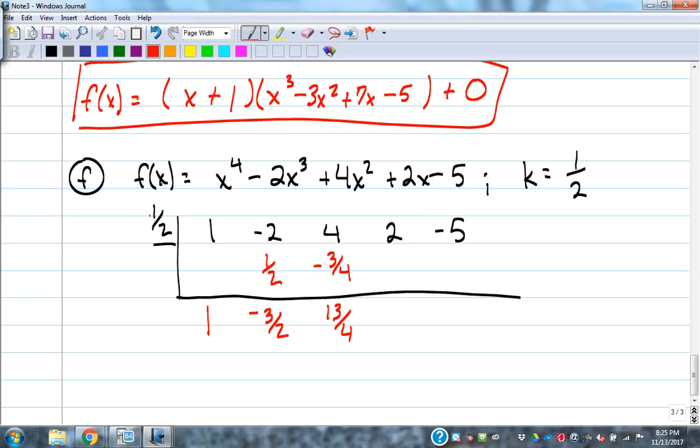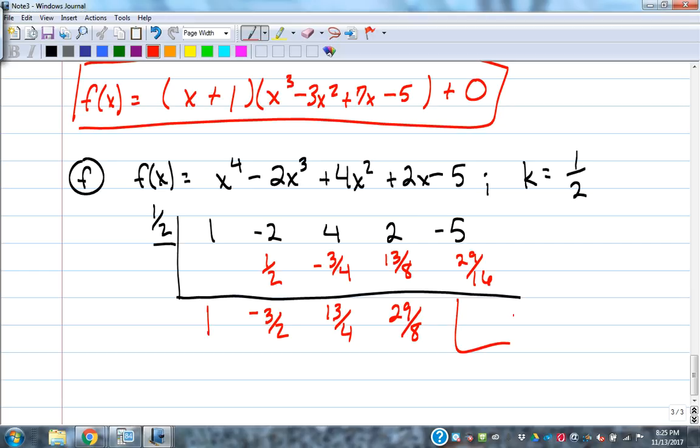13/4 times 1/2 would be 13/8 plus 2 would be 16/8 plus 13. 16 plus 13 would be 29/8. Multiply that times 1/2. Obviously, we can tell that that's not going to be a 0. 29/16.